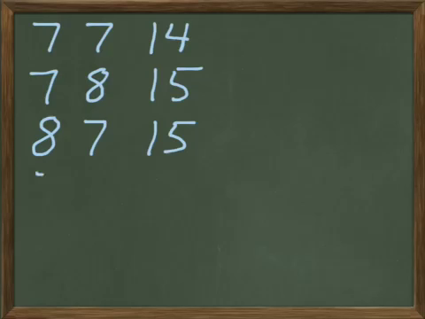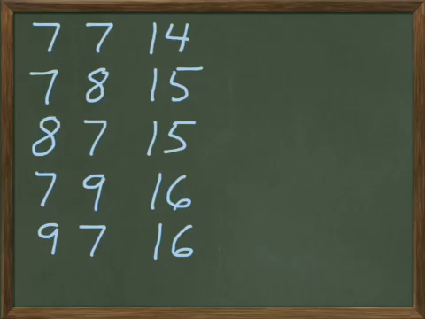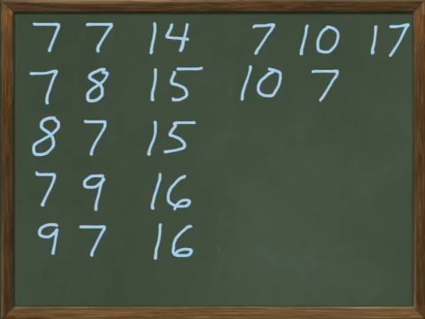Okay, 7 and 9. 7 and 9 are 16. 9 and 7 are also 16. How about 7 and 10? 7 and 10 make 17. And then 10 and 7, what do you think that makes? Well, of course, that makes 17 too. So those are our addition problems just to get warmed up.